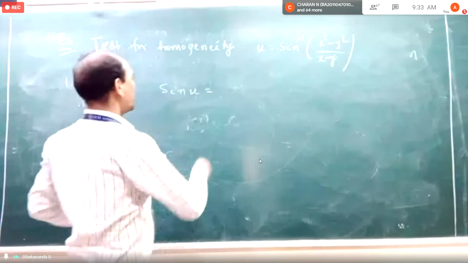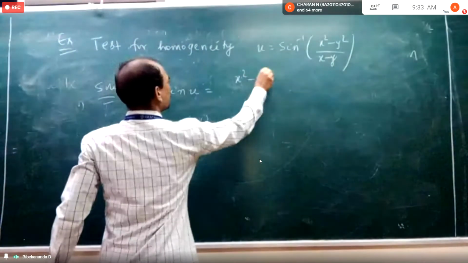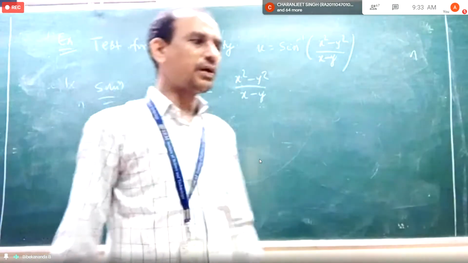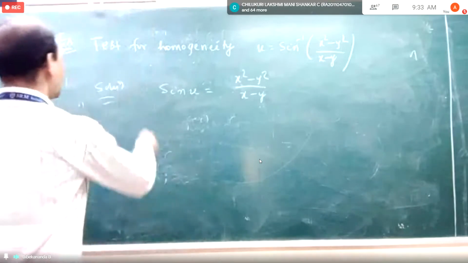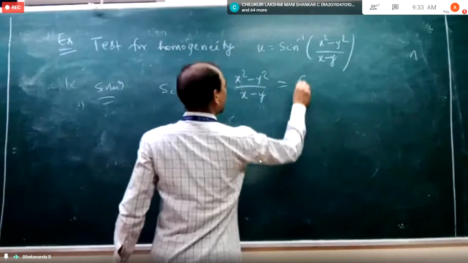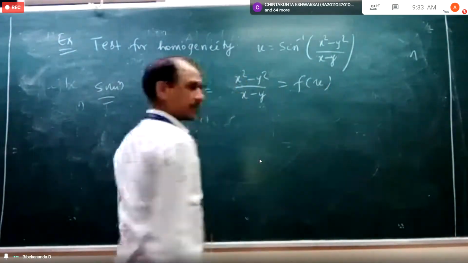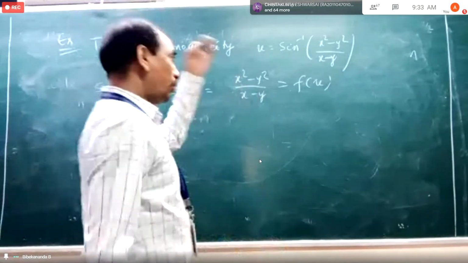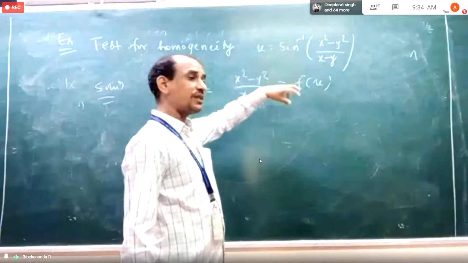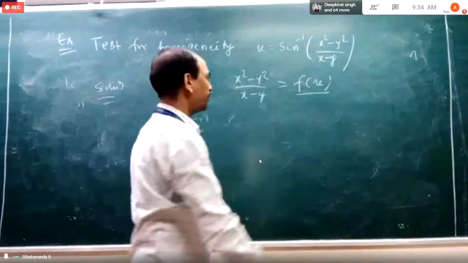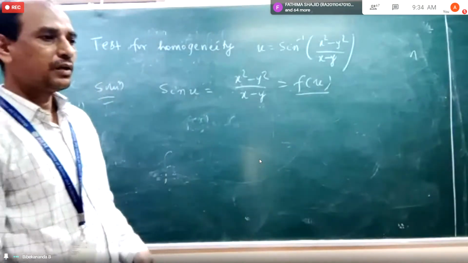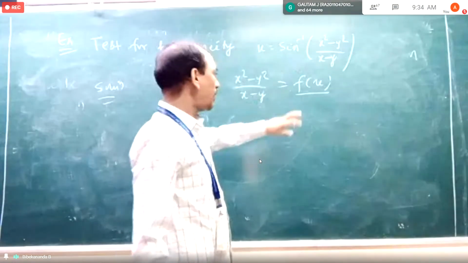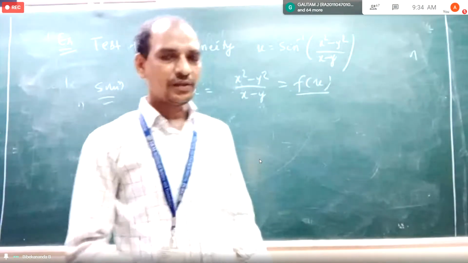So sine u is equal to x square minus y square divided by x minus y. We can consider this one as another function f of u. Instead of checking the homogeneity of u, now we have to check the homogeneity of f of u. Did you get my point?